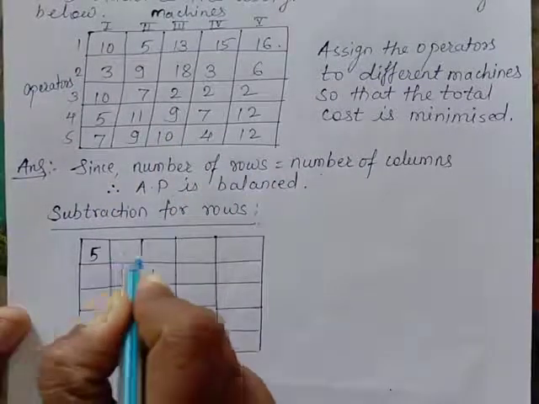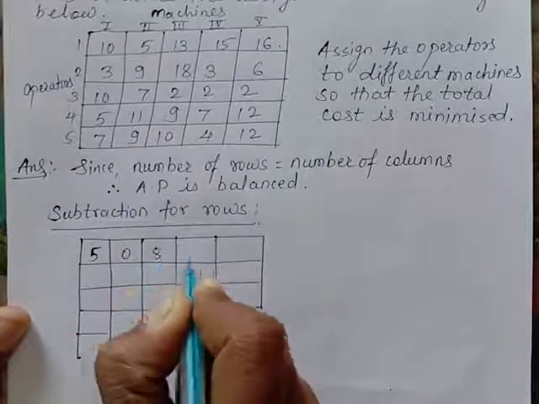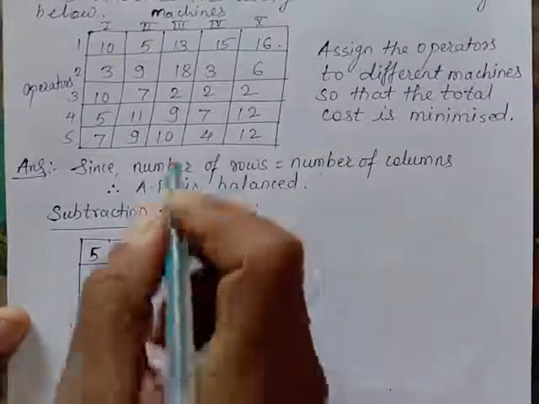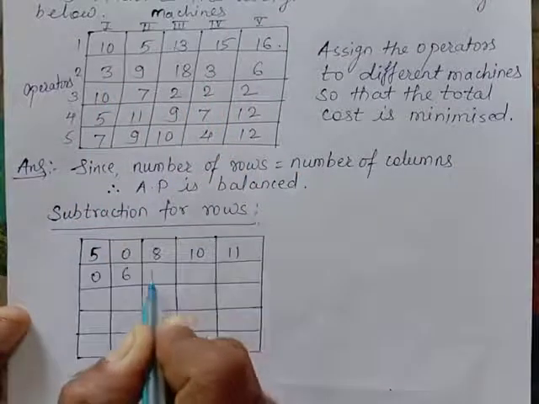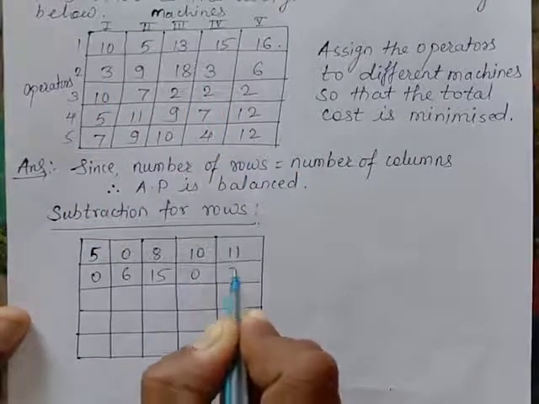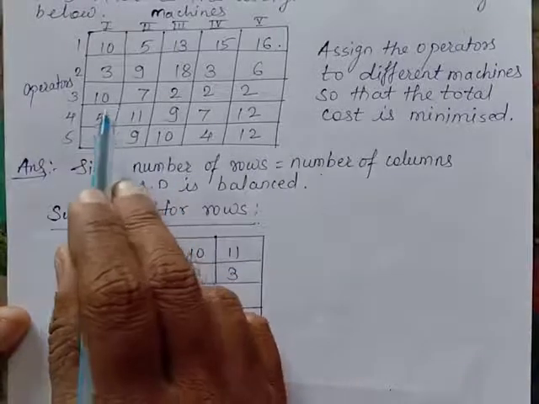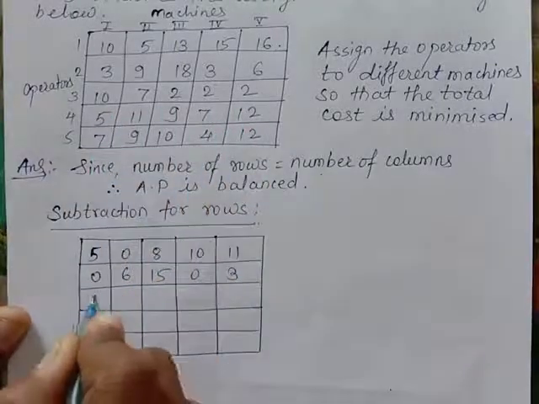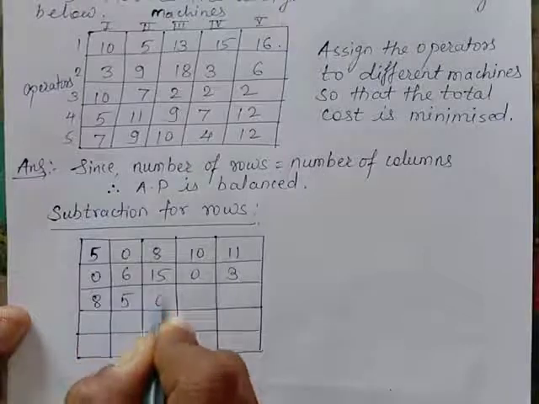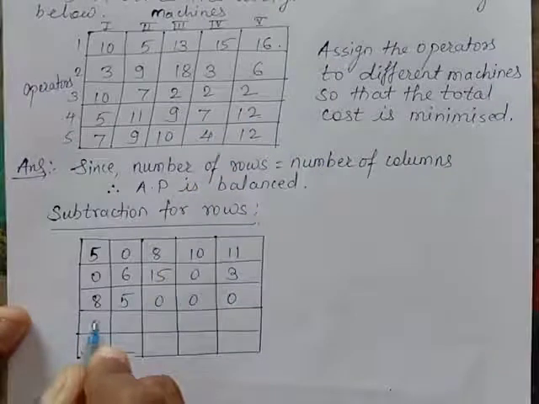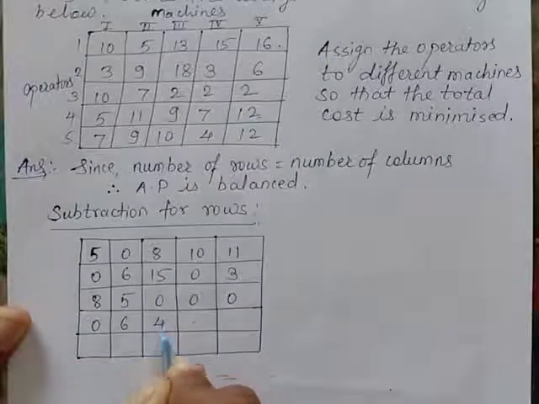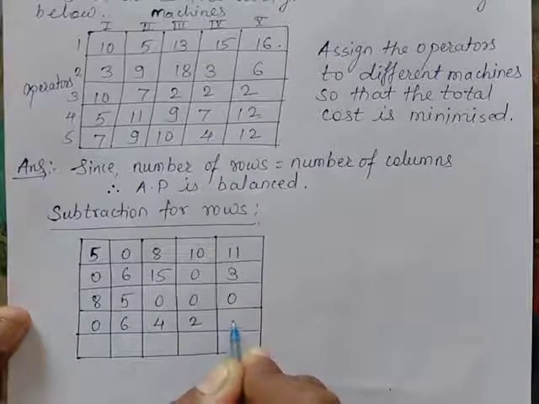So here we get 5, 0, here 8, 10 and 11. Then minimum is here 3. So 0, 6, 15, 0 and 3. What about this? Minimum is 2. So 8, 5, 0, 0, 0. Here minimum is 5. So 0, 6, 4, 2 and 7.